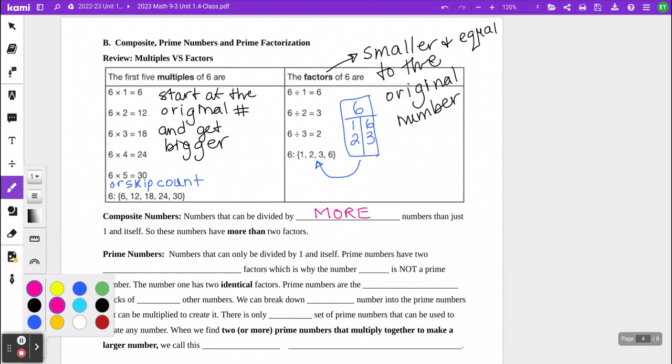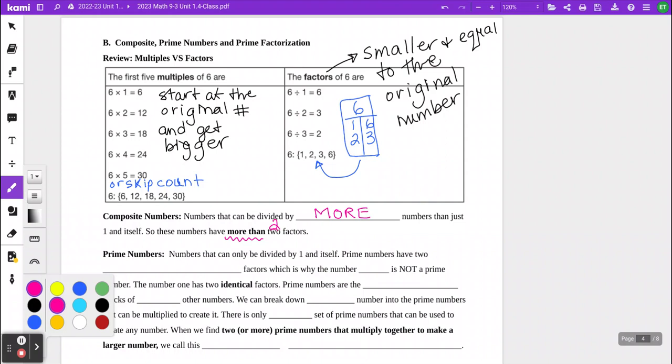So they can be divided by more numbers than just the number 1 and itself. So these numbers have more than 2 factors. Okay, they've got more than 2. So if we look up at our factor chart, the number 6 has more than just 2 factors, 1 and 6. It's got the 2 and 3 as well. So these guys have 4 factors.